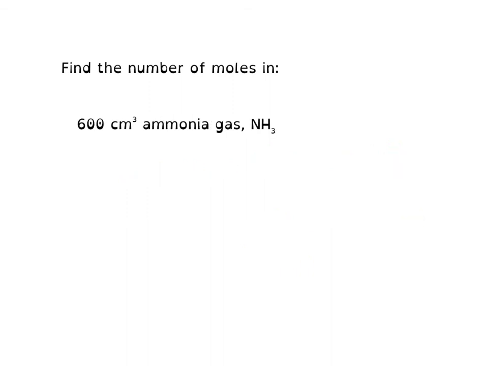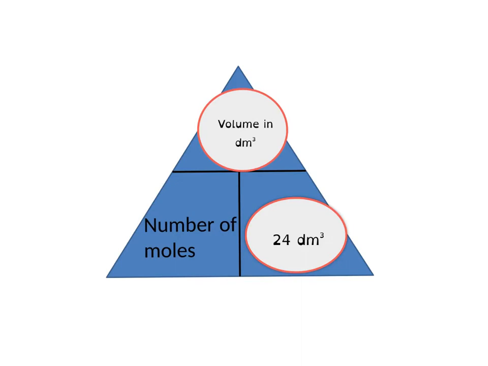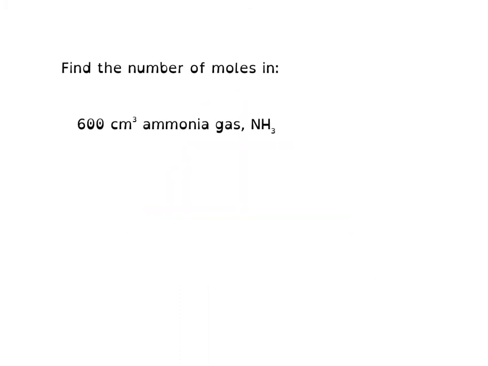Another example, this time 600 centimetre cubed of ammonia gas. So I'm going back to this triangle, I want number of moles, and I've got centimetre cubed, but the triangle needs decimetre cubed. So one way that I can do this is I can convert 600 centimetre cubed into decimetre cubed by dividing by 1000.